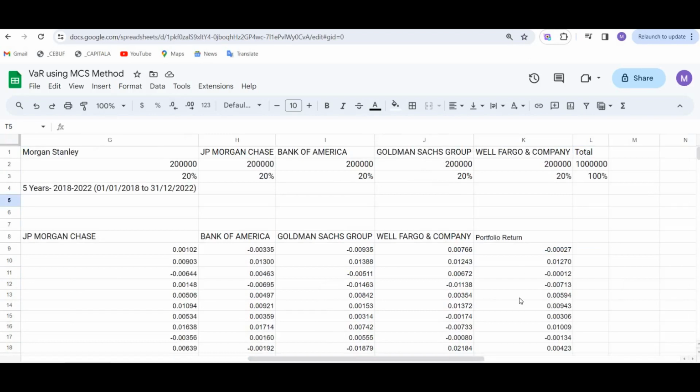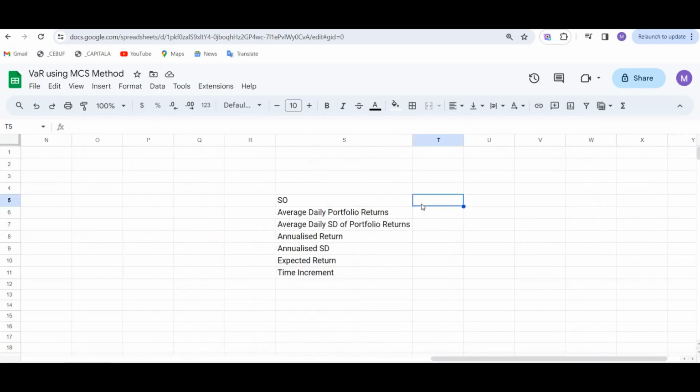After finding the portfolio returns, we find these values. So this is nothing but the total portfolio amount.